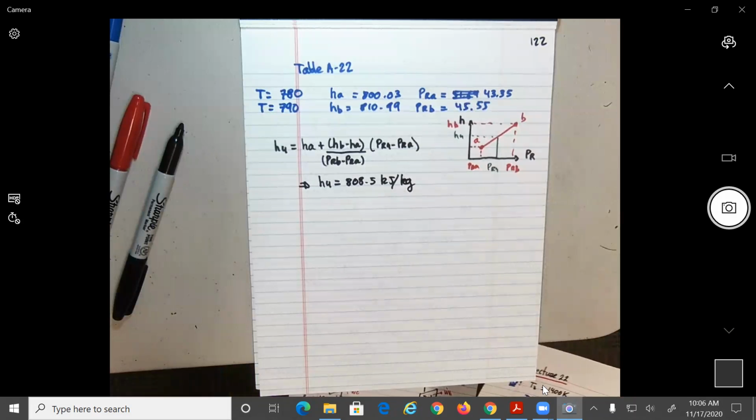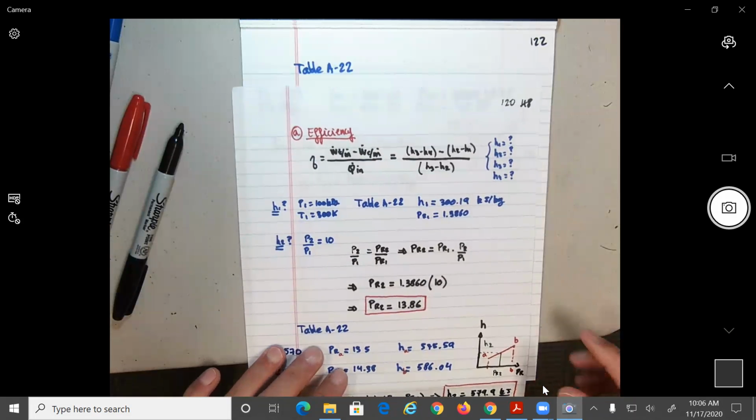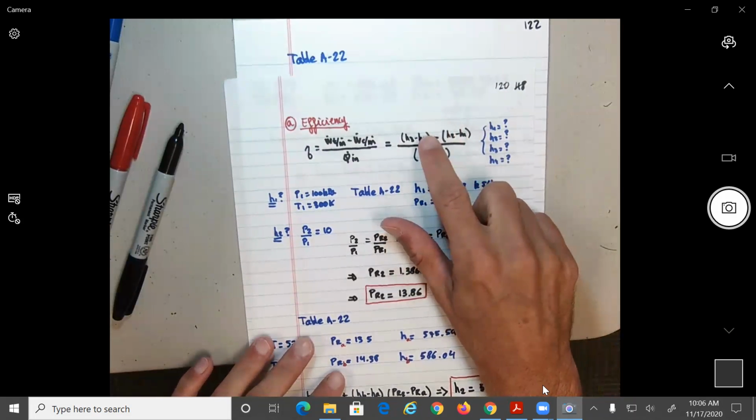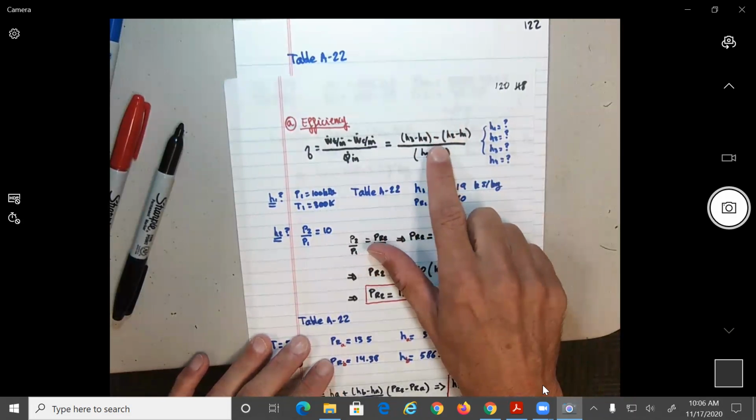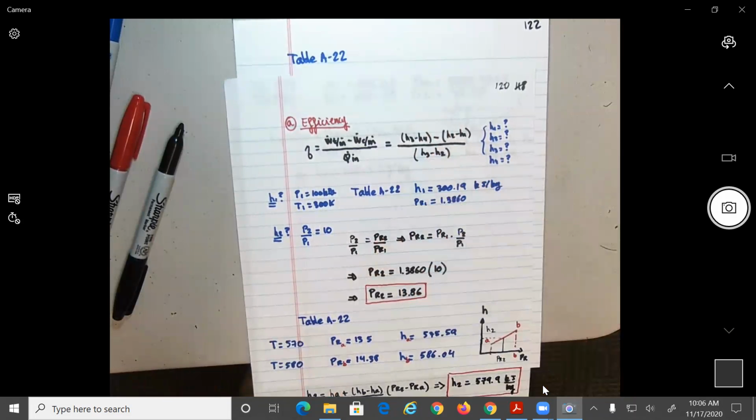All right, thank you. So basically, remember, we did all this stuff because last time we said that the efficiency equation will be equal to this expression, okay? H3 minus H4 minus H2 minus H1, over H3 minus H2.